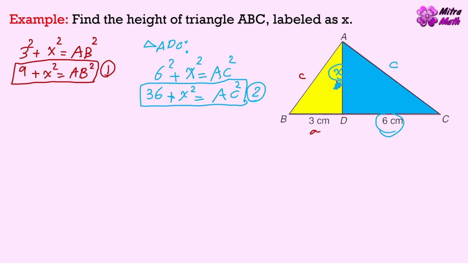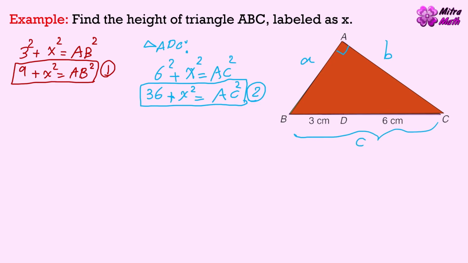In the third step, we are going to look at the whole shape, which is triangle ABC. In triangle ABC, this is our A, this is B, and this part is C. So let us apply Pythagoras in triangle ABC.